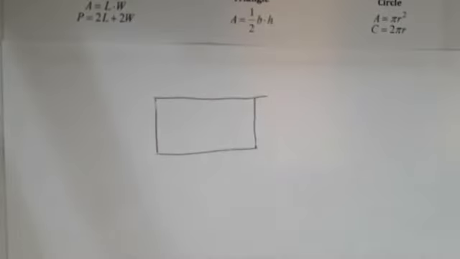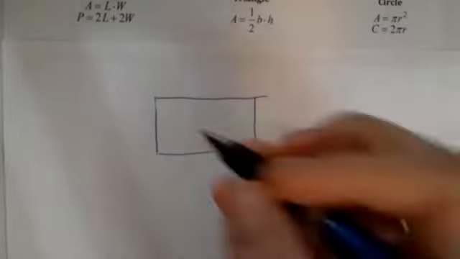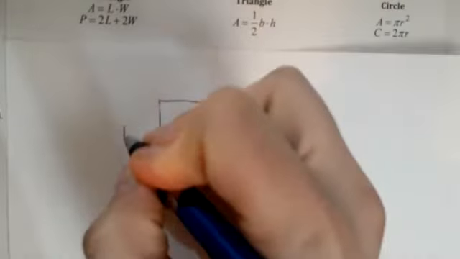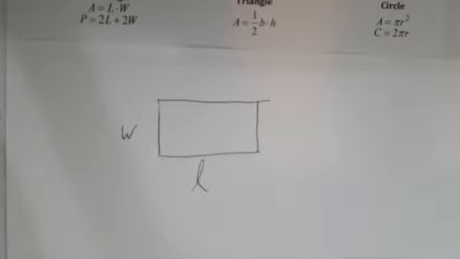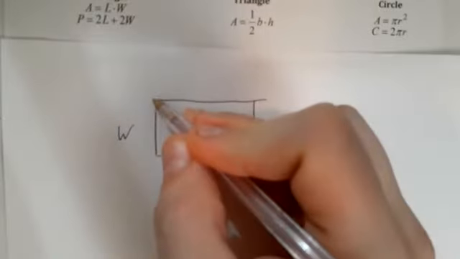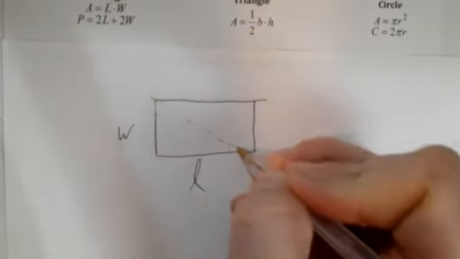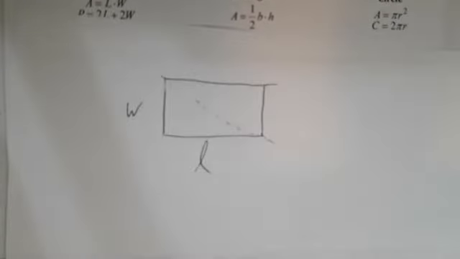If you want to half a rectangle, what's the easiest way to think about halving it? I would split it right down the middle, right down its diagonal.